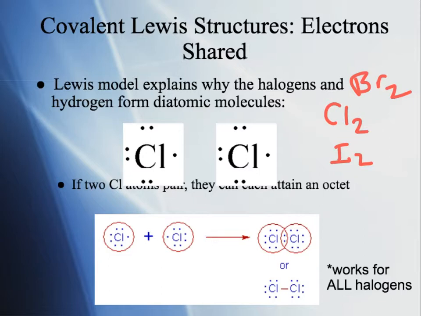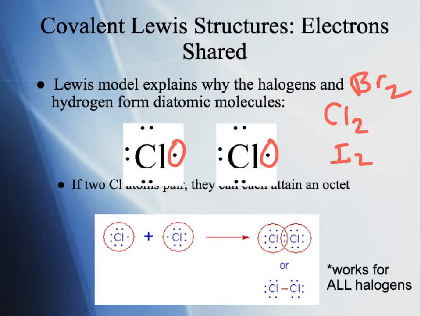If we look at the Lewis dot structure of these, all of the halogens in the 7th group will have 7 valence electrons in their outer shell. Remember that nonmetals have high electronegativity, so they're going to want to attract electrons from another element or atom.